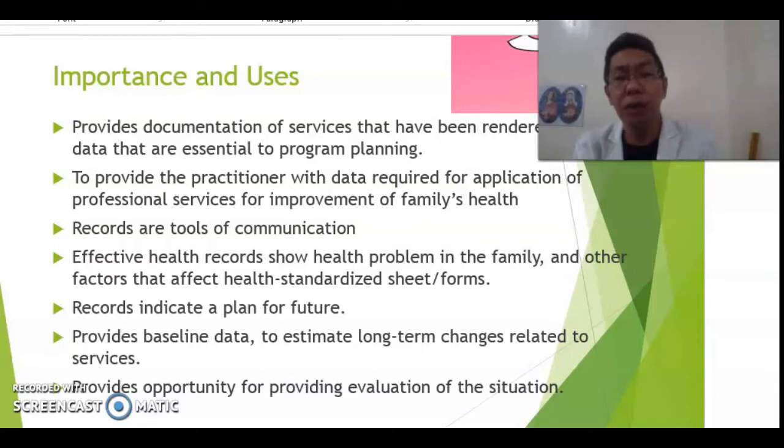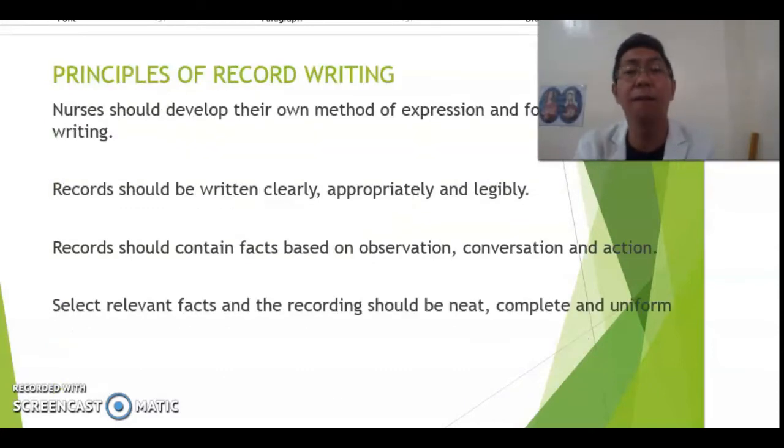Records will always provide us baseline data so that we can estimate long-term changes, and that will always be related to the services that we provide. This will also provide us opportunities for evaluation of the situation, because in the records you will see everything, what has been done and what has to be done.